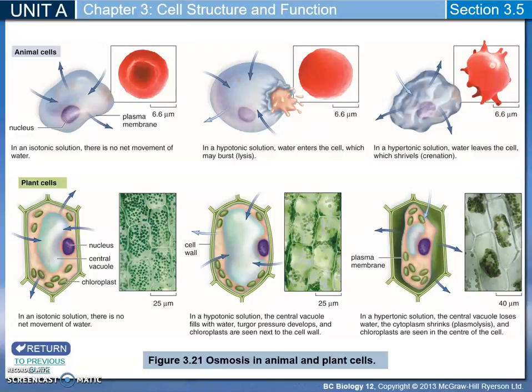In a hypertonic solution, the solute concentration in the cell is lower than outside the cell. That means you'll have a net loss of water, and so the cells will shrink.